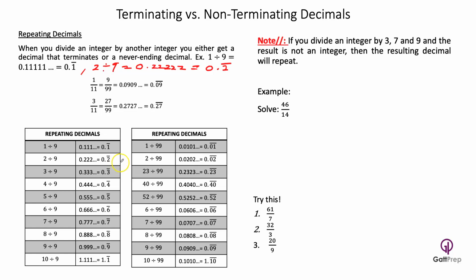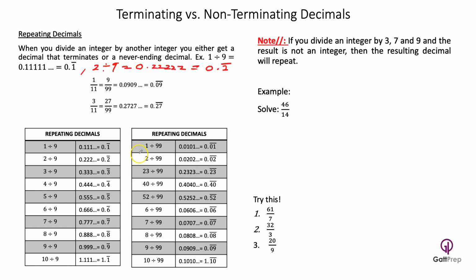You will notice that if the denominator is 9 or 99 or 999 or another number equal to a power of 10 minus 1, then the numerator gives you the repeating digits, depending on whether zeros will begin.